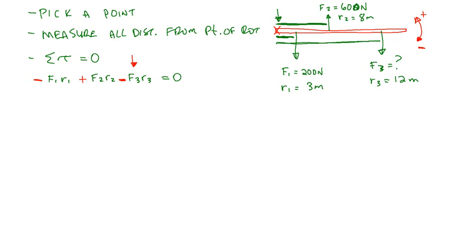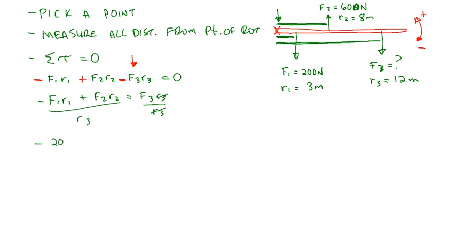Let's add that term to both sides. I'd have negative F1 R1 plus F2 R2 equals F3 R3, and then I want to divide both sides by R3, and I'll get that.